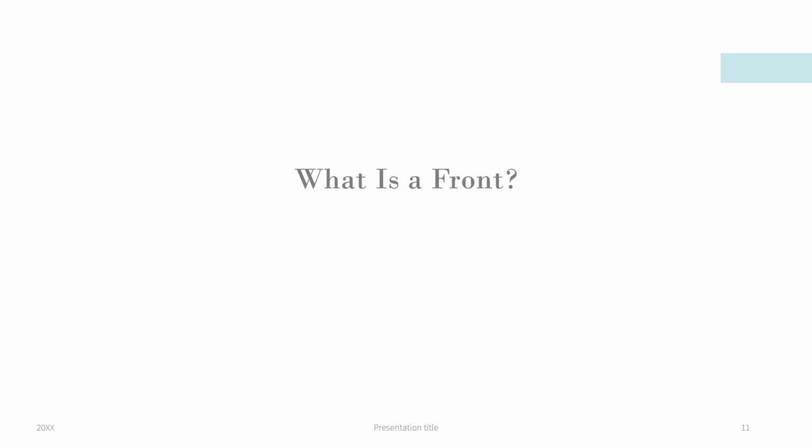Now we're moving on to learn what a front really is. I think you're already acquainted with this term, because I've mentioned the polar front, frontal boundaries, and so on in the previous lectures. So you probably already have an idea what a front is, but let's define it more clearly this time, as a review, because we're going to go deeper.